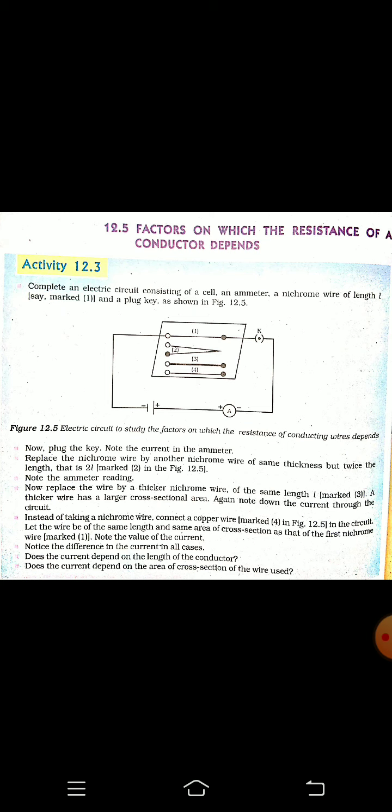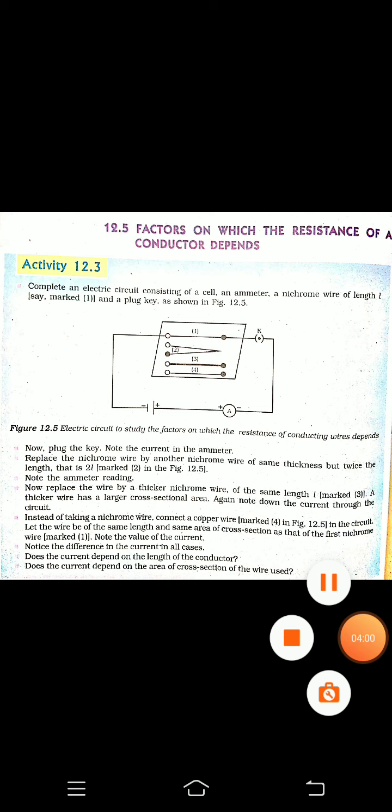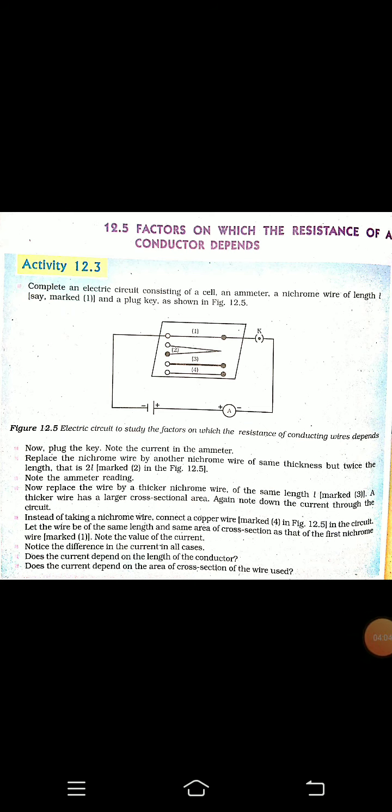So it becomes I/2. In the first case the reading was I. In the next case, when we doubled the length of the wire, it became half, so we got I/2. So it says that the current decreases when we increase the length of the wire.